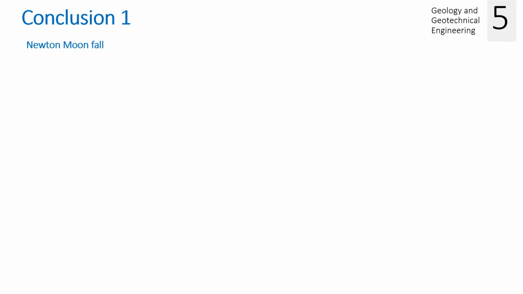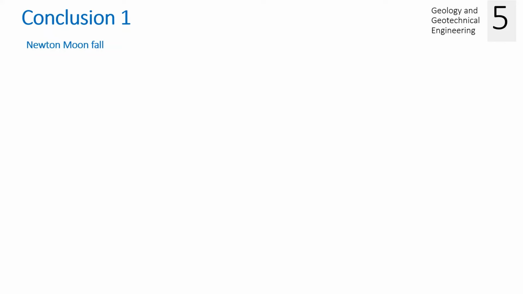To convince himself, he made some calculations to show that in reality the moon is in fact falling down toward the earth, and the gravitational attraction of the earth is keeping the moon orbiting around itself.